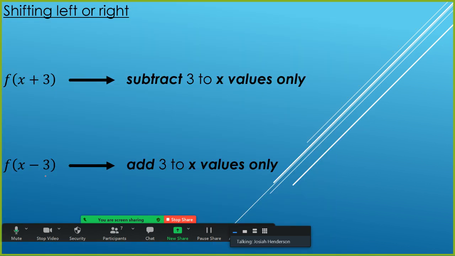So here's shifting left or right. And for all these examples today, I thought I would stick with the number 3 just to keep it consistent. So 2 rules here. The first one is shifting left, and below we have shifting right.